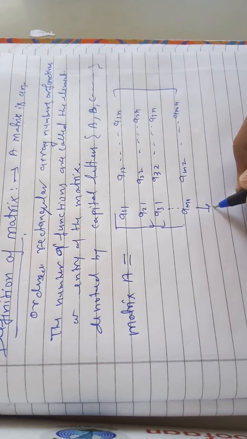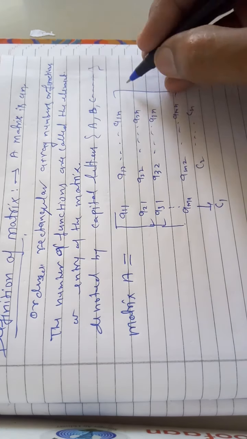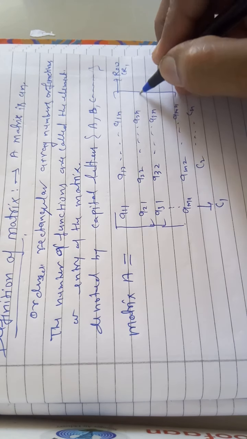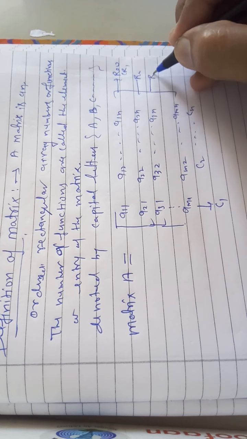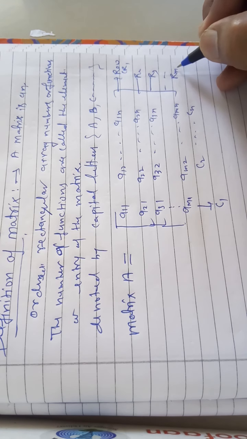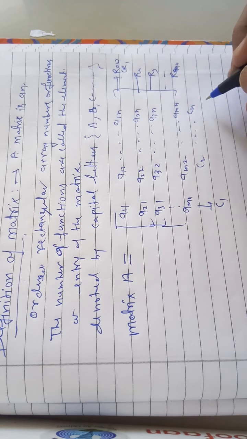This is a column, C1, C2 up to Cn, and this is a row, R1, R2, R3 and so on up to Rm. It has m rows and n columns.